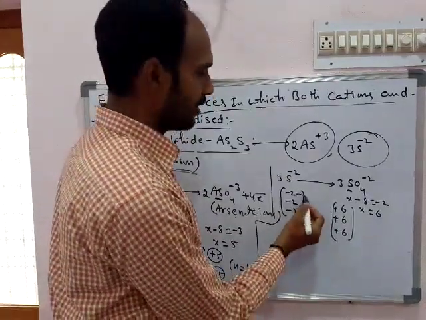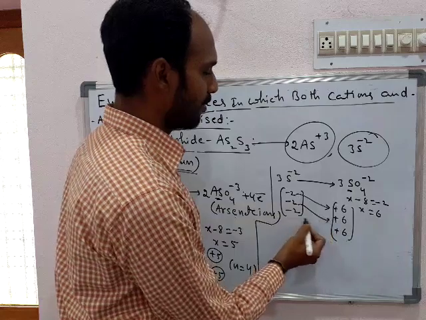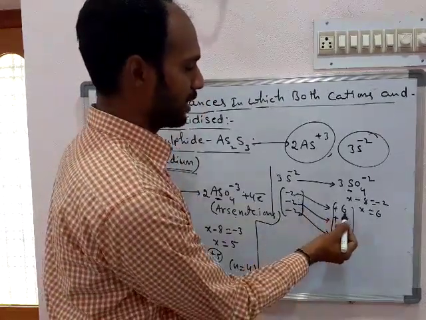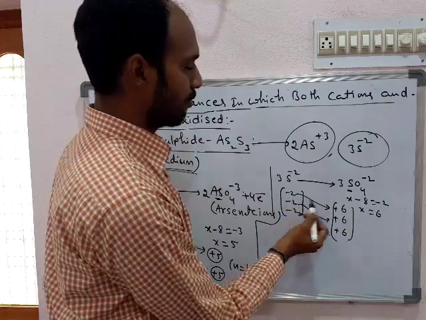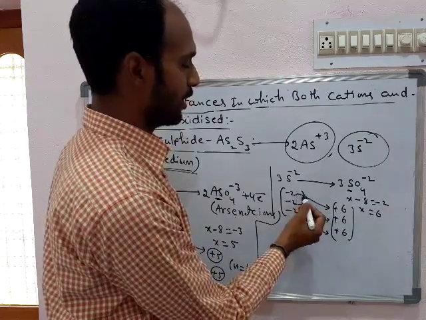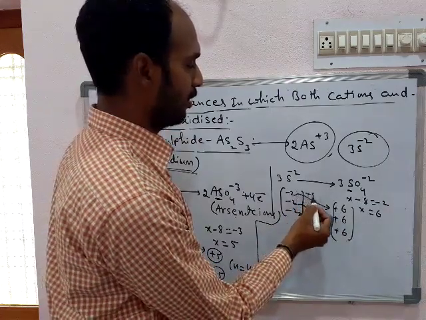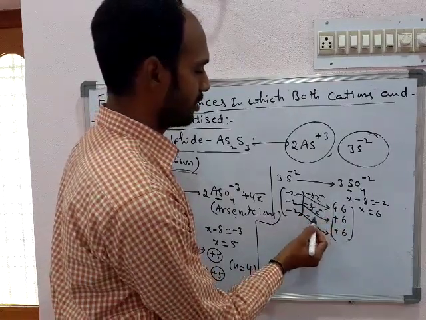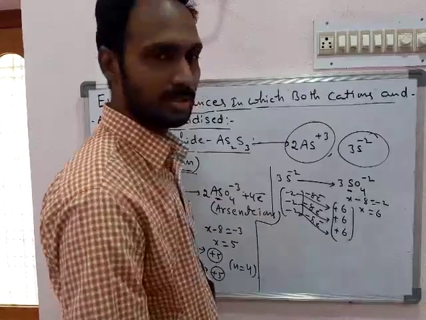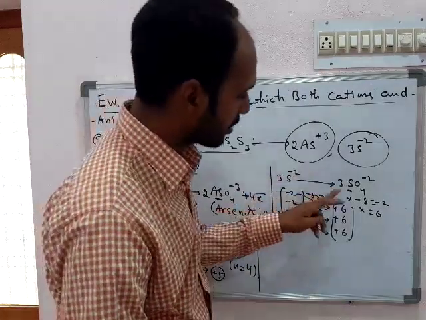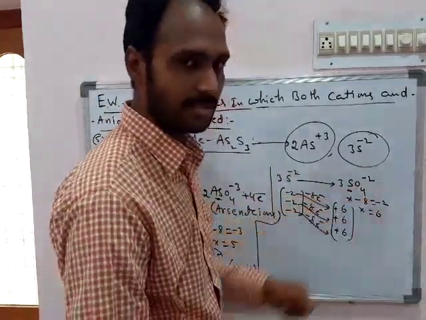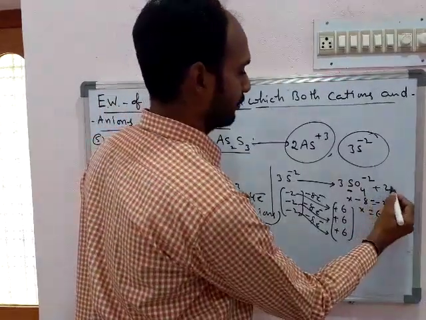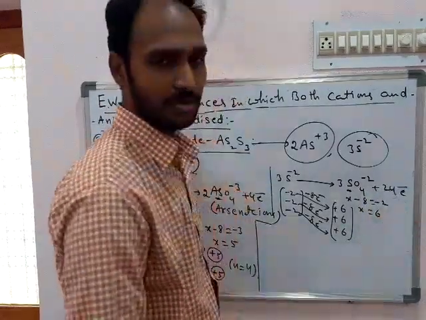So what is the change in the number of electrons for each sulfur? -2 to +6 means losing 8 electrons. So 3 sulfide ions are changed to 3 sulfate ions by losing totally 24 electrons.